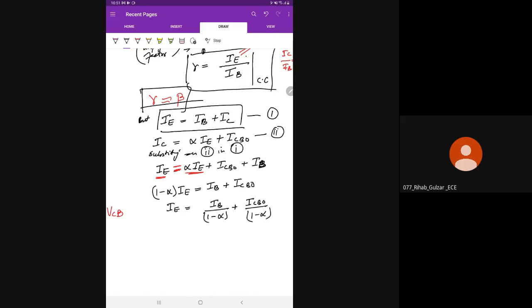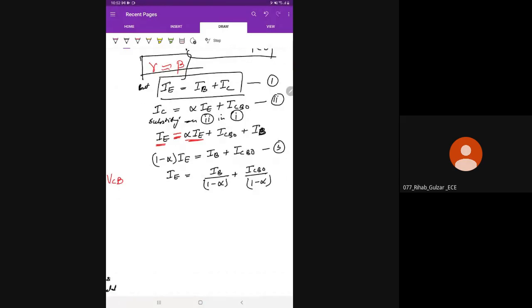On the left hand side we had 1 minus alpha, which we divided on the right hand side as well. Dividing equation 3 by 1 minus alpha, we obtain the next equation.